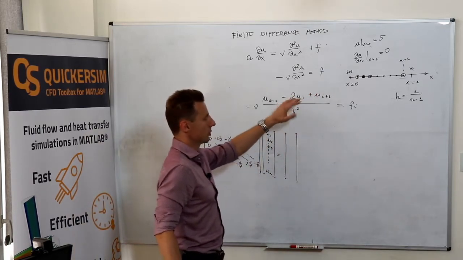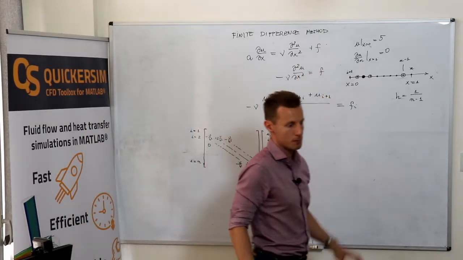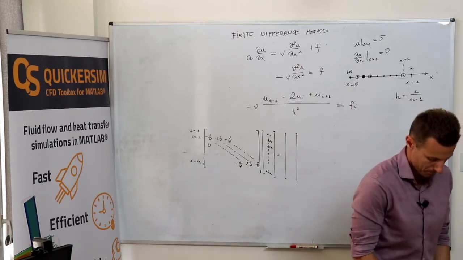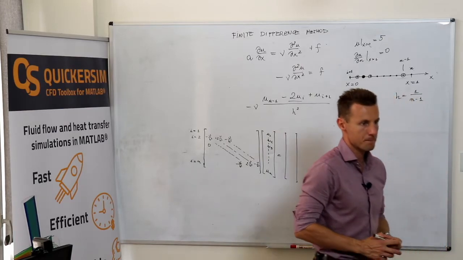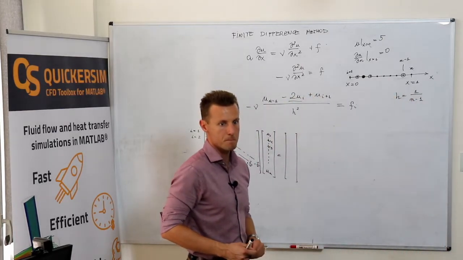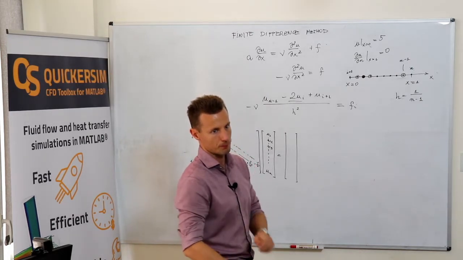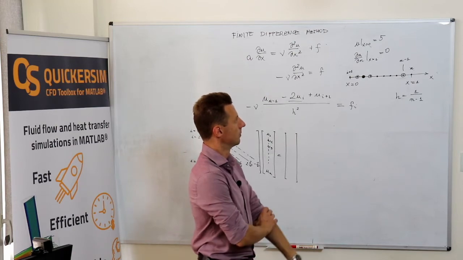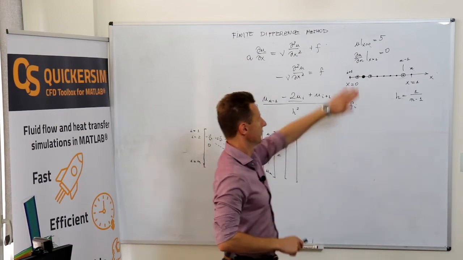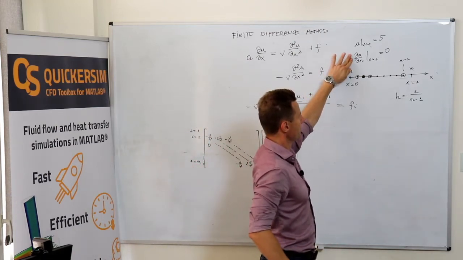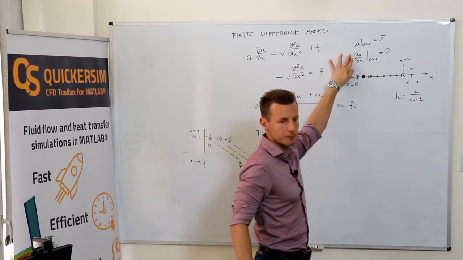What can we do to implement the boundary conditions? We should approximate the derivative at the point x equals 1 and write that numerical scheme into the matrix.